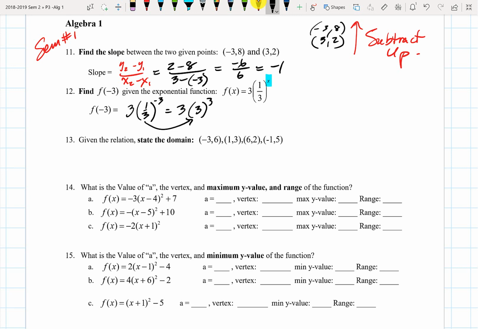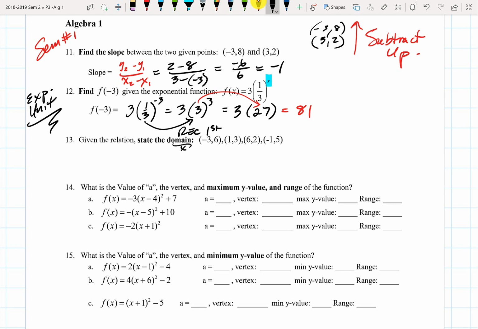You reciprocate first, which is equal to 3 times 27. So 3 cubed is 27, right? 3 to the 3rd power is 27. And with the final result, 3 times 27 is 81. So this is 81. Again, this is the exponential unit, so refer to your notes, okay?